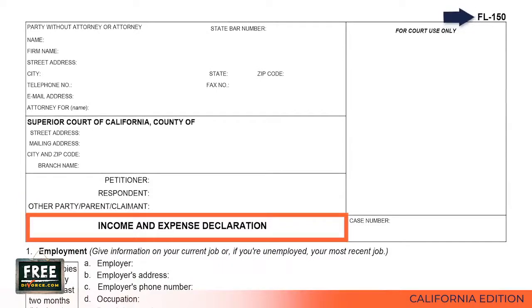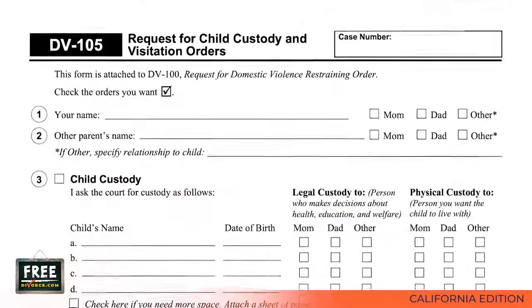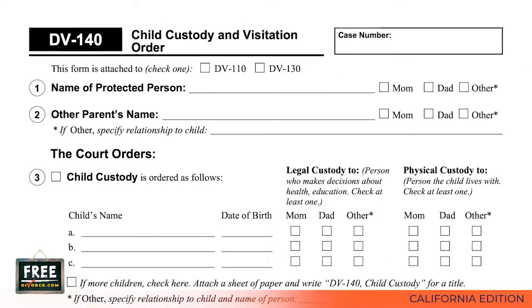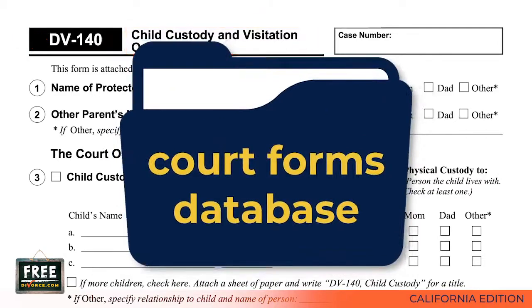As previously mentioned, if you're asking the court to issue child custody orders, you will need to include a request for child custody and visitation orders, which is DV-105. If you want the court to issue a TRO that includes child custody orders, then you will also need to complete and submit to the court a child custody and visitation order, which is DV-140. Again, all of these forms can be found in our Court Forms database.